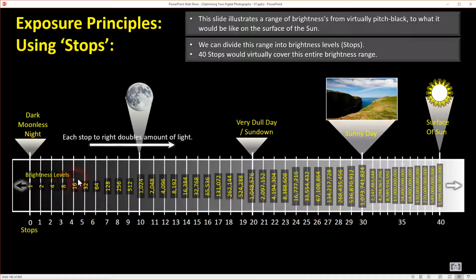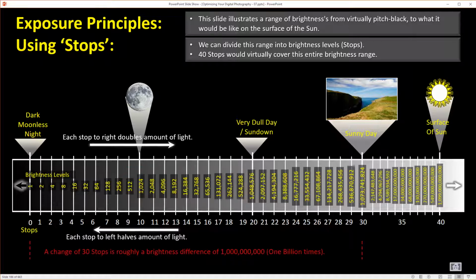So each stop moving to the right doubles the amount of light, and each stop we move back down that way halves the amount of light, an exponential scale. So we can see that a change of 30 stops is roughly the brightness change of 1 billion times. And if we stood on the surface of the sun, it's 1 trillion times, 40 stops.